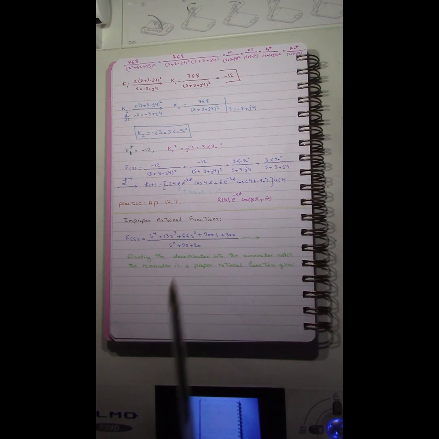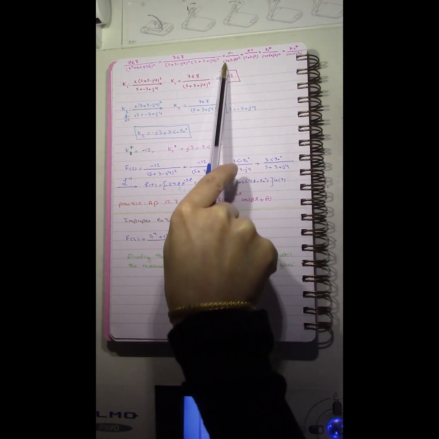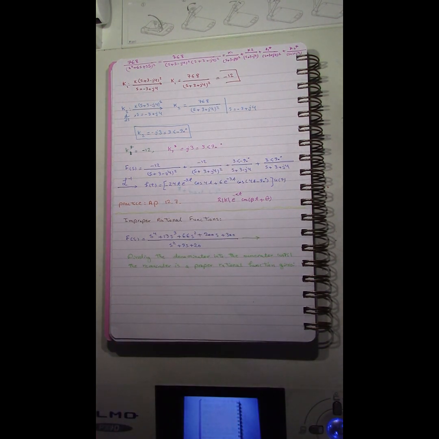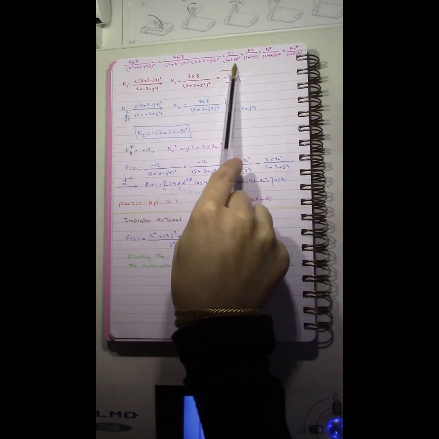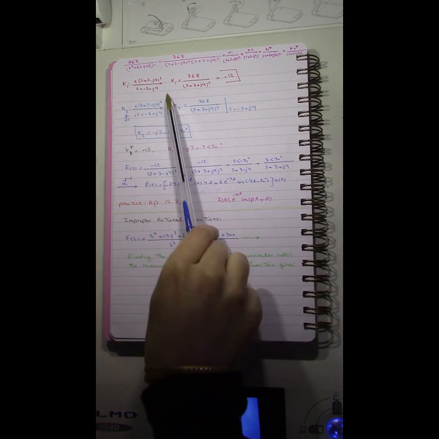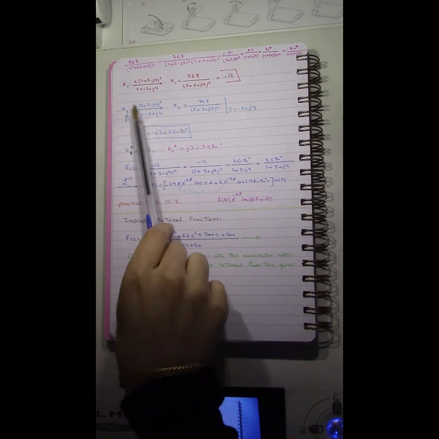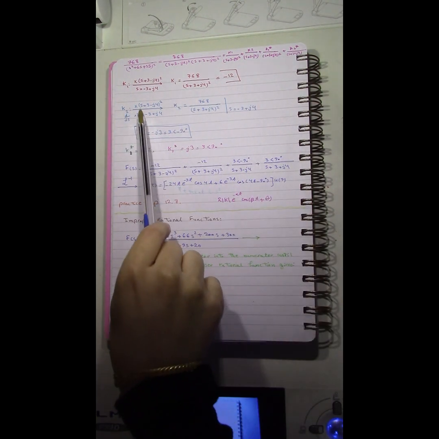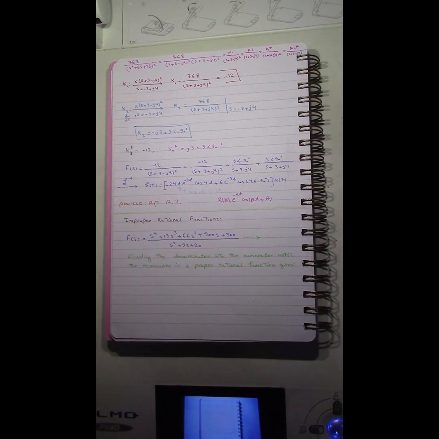So this is our function. For finding K1, the same procedure: multiply by the denominator of K1 on both sides of the equation, and evaluate it at the root of this first term. You will get minus 12 for K1. For K2, again multiply by s plus 3 minus j4 whole square.